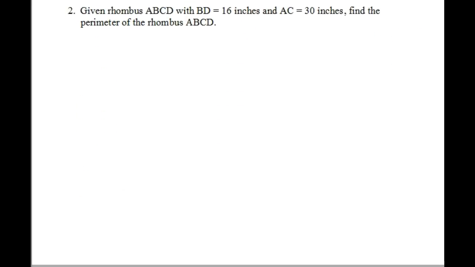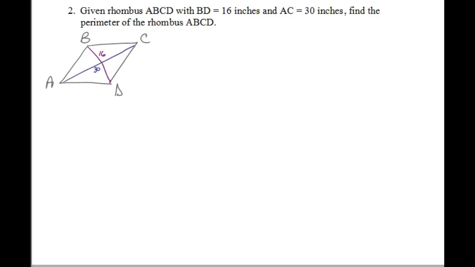Again, any geometry problem without a picture is a bad geometry problem. So let's sketch a rhombus. And I'll label. You know that BD is 16. And you know that AC is 30.